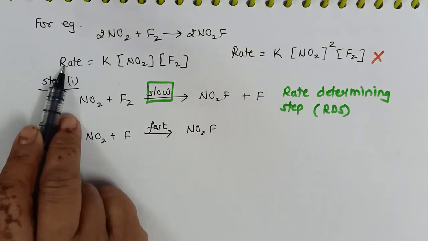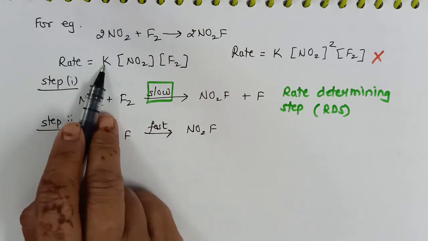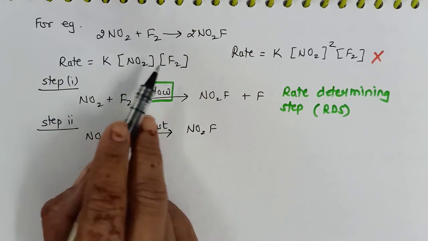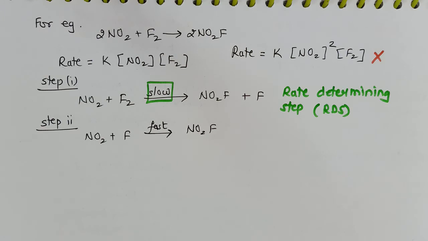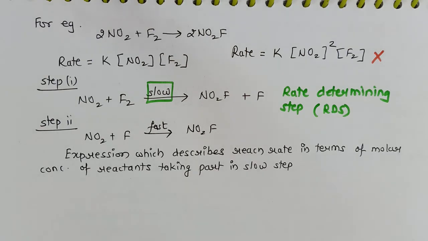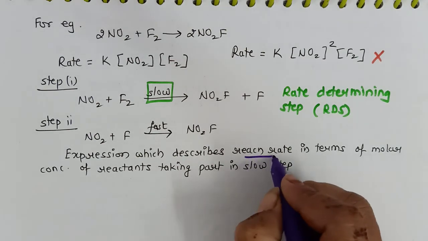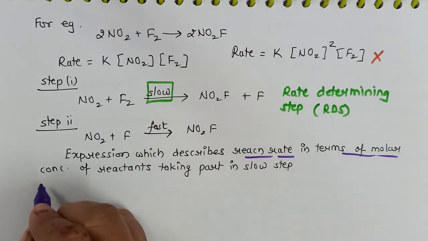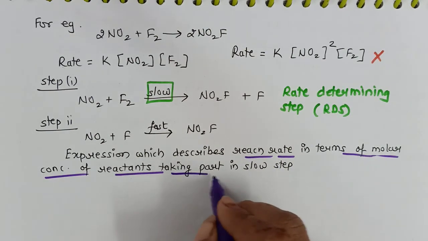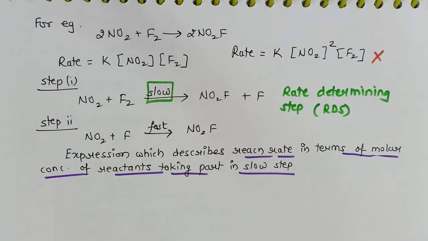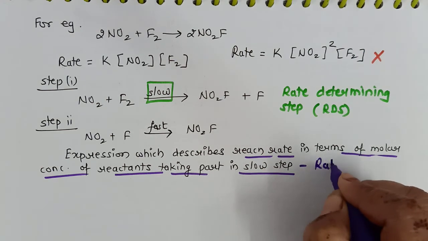Therefore, we are taking the rate as rate equals K, molar concentration of NO2 into molar concentration of F2. So we can redefine the rate law as an expression which describes the reaction rate in terms of molar concentration of reactant taking part in the slowest step, because it is the slowest step which will determine the rate of the reaction.